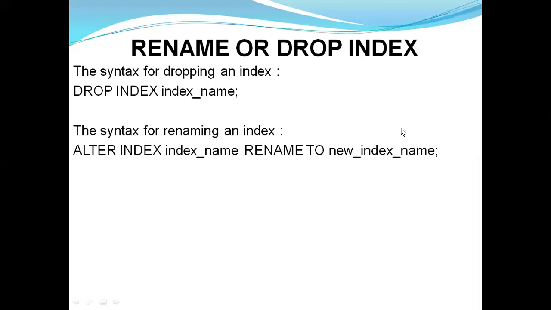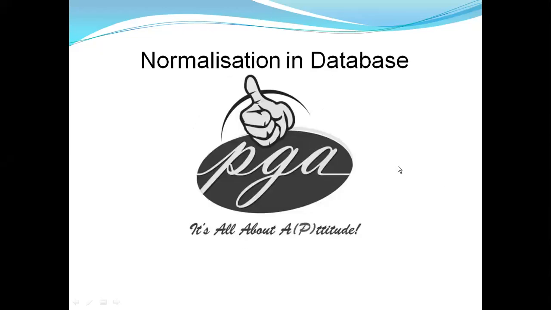So finally, we understood everything about the indexes, whether normal index or a cluster index. Now we'll talk about a major part of this called normalization. I'm sure everybody has heard the word normalization.